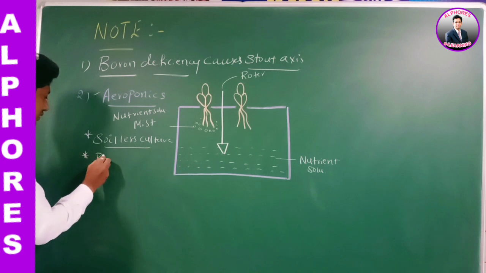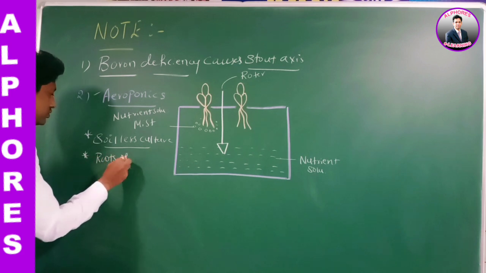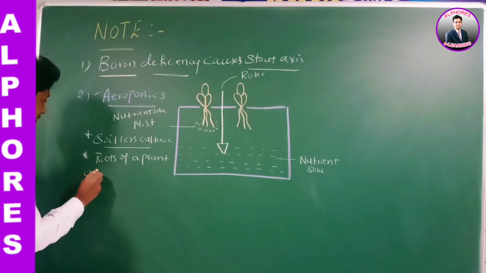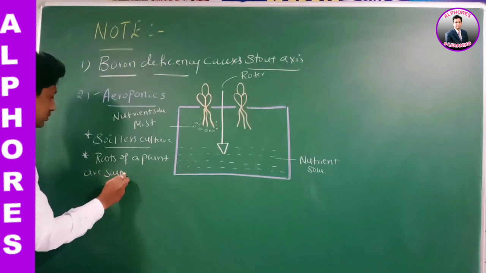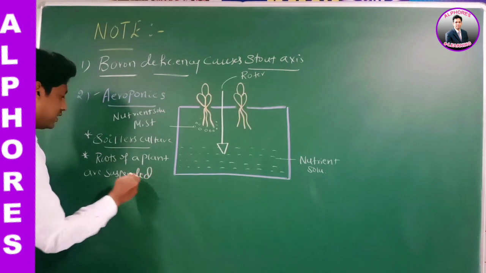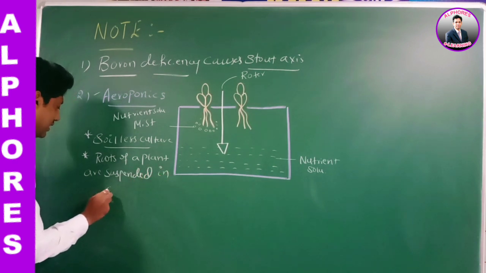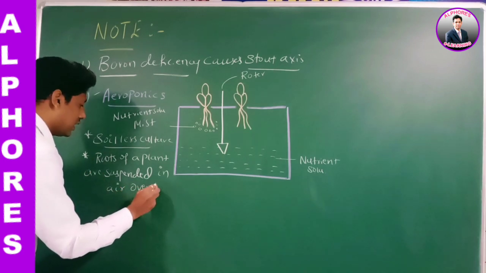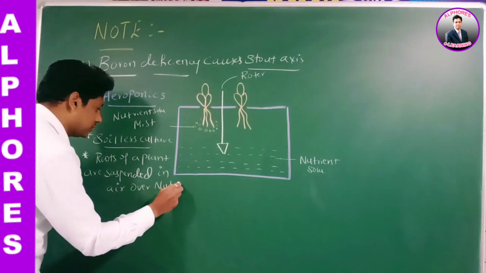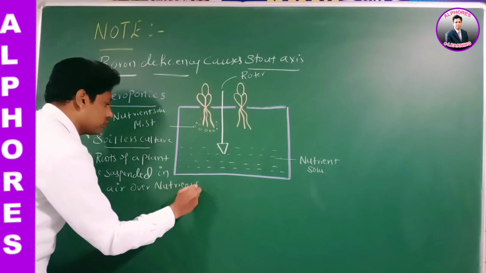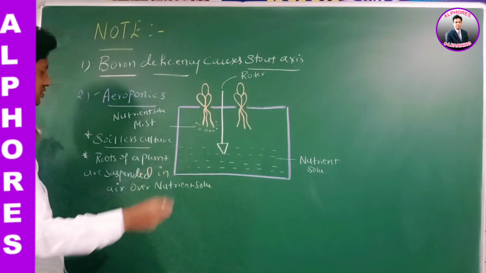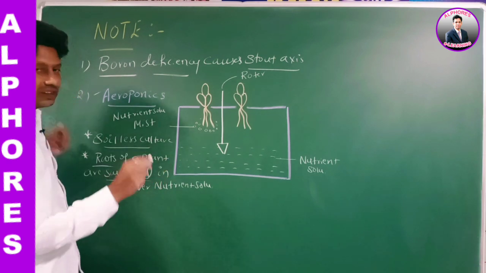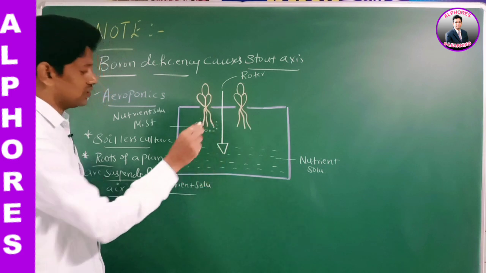Roots of a plant are suspended in air over the nutrient solution. Roots of a plant are suspended in the air above the nutrient solution.